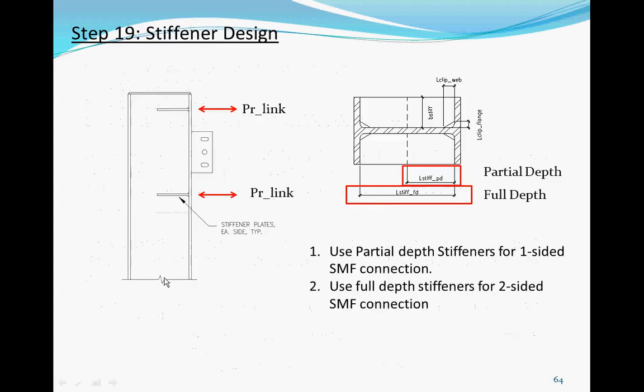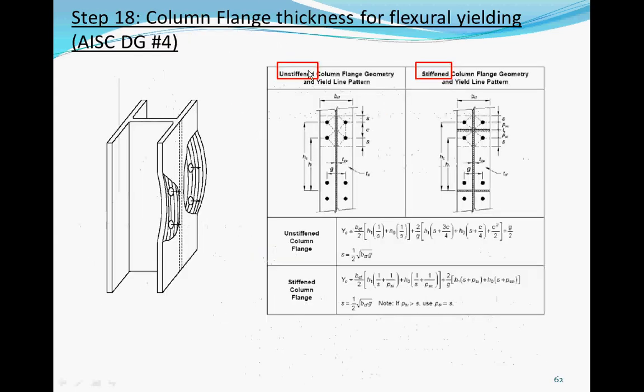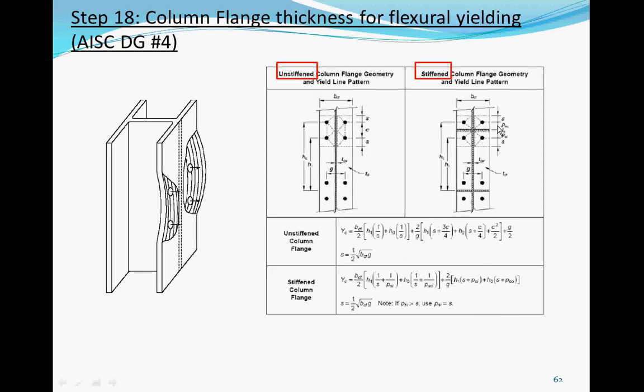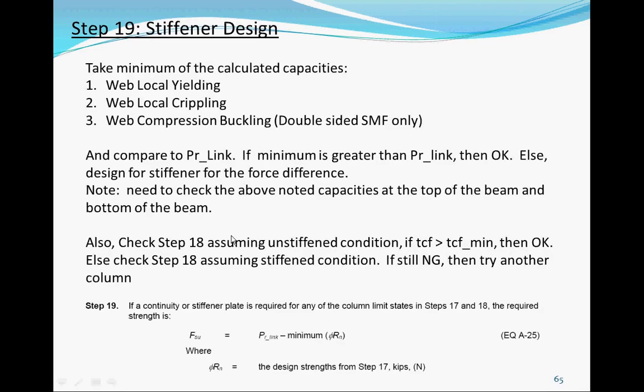What I'm saying here is when you go back to step 18, they give you two conditions. One is stiffened and one is unstiffened. You start with the unstiffened one first because they give you lower capacity. If it doesn't check, then you add the stiffener. Even after you add the stiffener, if it still doesn't check, then you have to go with a bigger size column. So that's what I mean by this here.